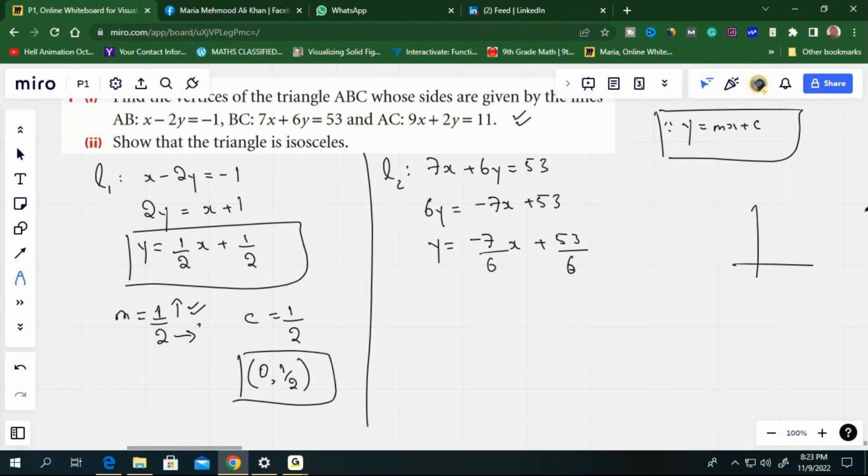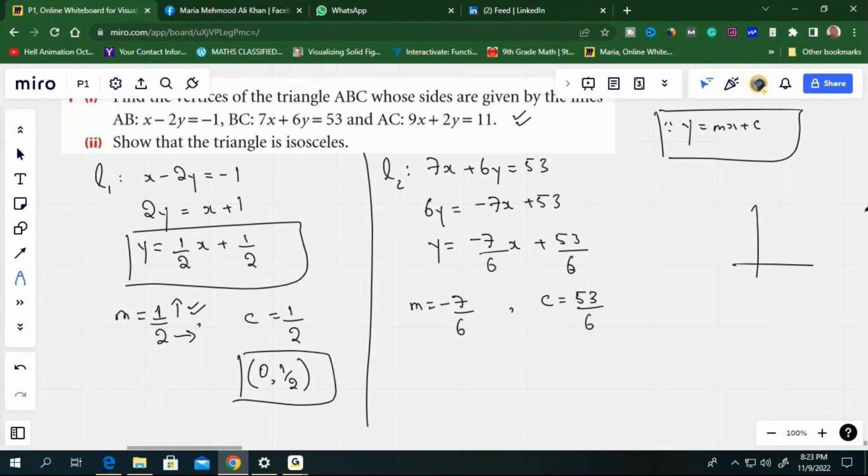This gives the slope minus 7 upon 6. Your y-intercept is here, but it is in decimal form. So how about I pick up a point which has whole number coordinates? That's much better for me.